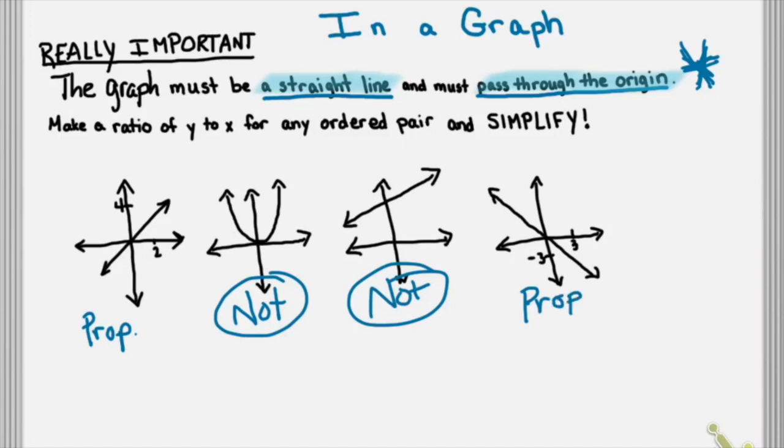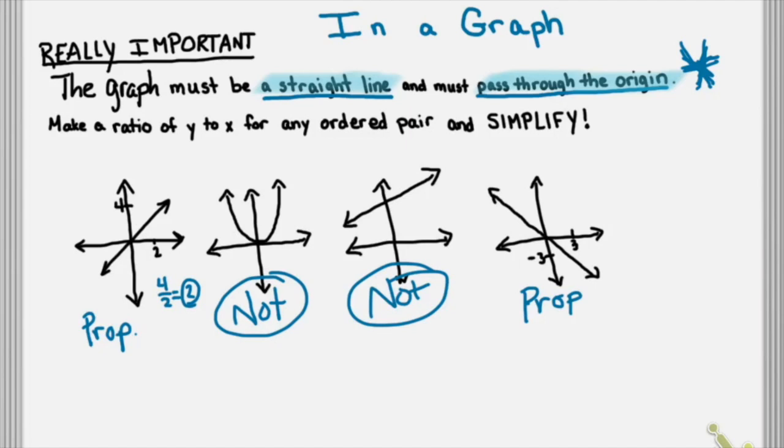Now let's go back and find what the constant is. On the first one, I can see that the y is 4 and the x is 2 where it crosses. So I'm going to say 4 divided by 2, because it's the y divided by the x, and that's 2. So k equals 2 on that one.